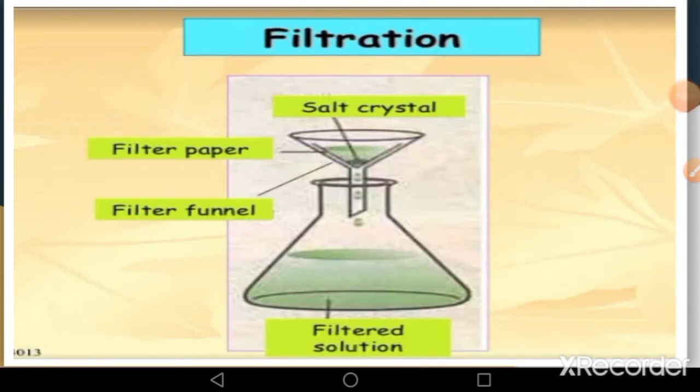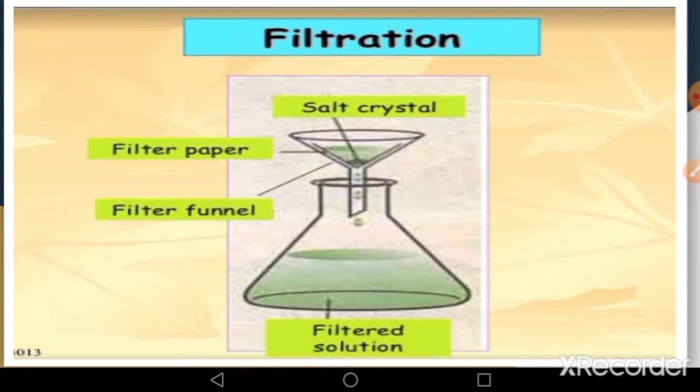In filtration, a solution containing insoluble substances is passed through a filter paper. On doing so, the liquid passes through the filter paper while the insoluble substance gets retained on the filter paper, means remain there only on the filter paper.